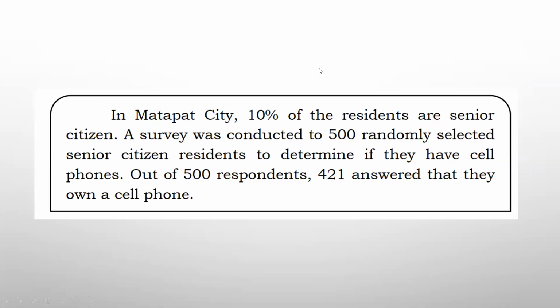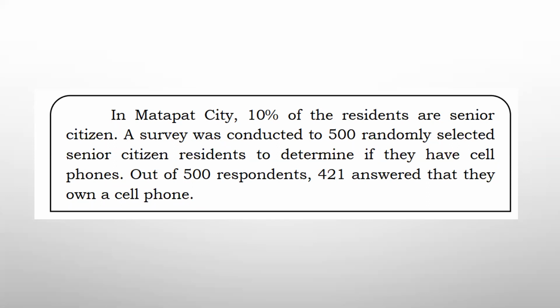Para magkaintindihan tayo. Let's have another example here. In Matapat City, 10% of the residents are senior citizens. A survey was conducted to 500 randomly selected senior citizens to determine if they have cell phones. Out of 500 respondents, 421 answered that they have their own cell phone.